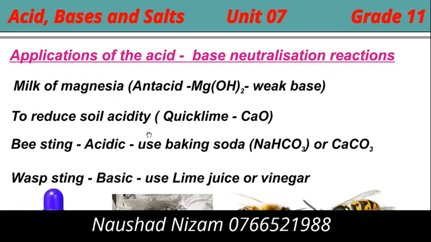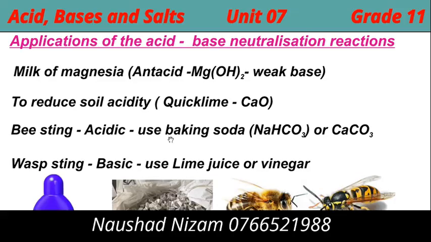Certain uses of acids and bases in neutralization: milk of magnesia is a weak base which is used to relieve gastritis. To reduce soil acidity, sometimes quicklime, a base, is used where the soil is acidic.